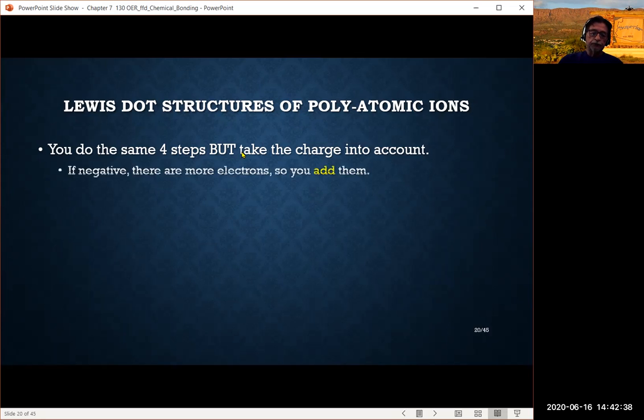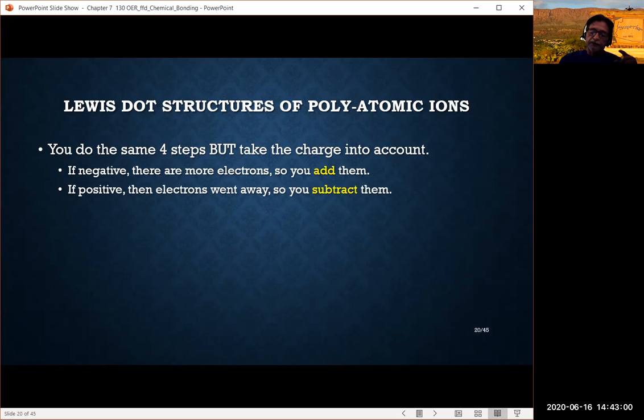So if they have a +1, then we take an electron off. And if it's a negative polyatomic ion, we're going to add electrons to the final valence electron count. The number we add depends on the charge. So if it's a -1, we add 1. -2, we add 2, etc.